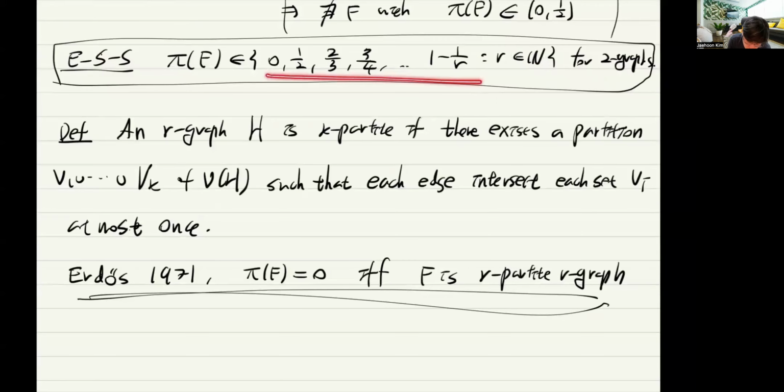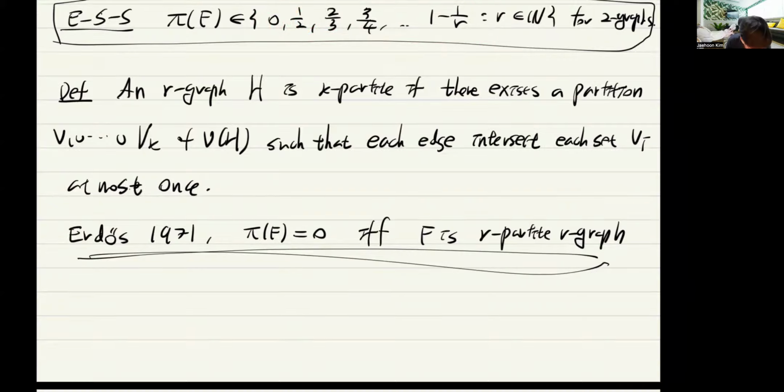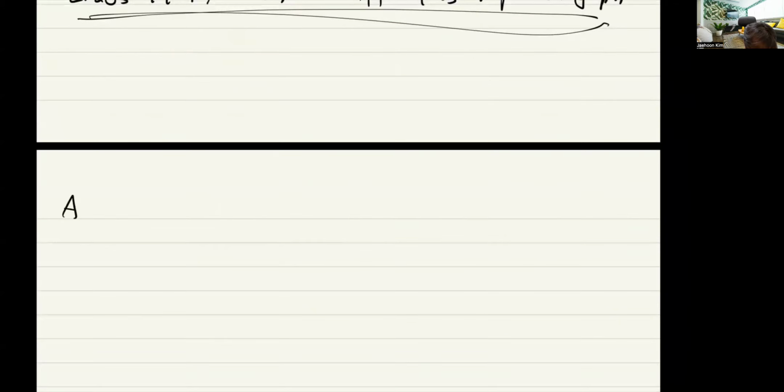The answer is that for hypergraphs, we don't really know the full picture. But for graphs, this is quite discrete. You have this number, there's nothing between, nothing between, nothing between. And for hypergraphs, is it also the case?